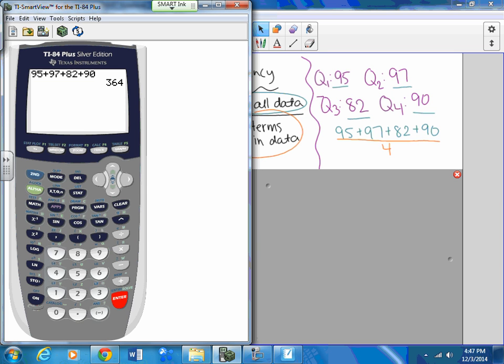So that's what my numerator was, 364, and then you divide by 4, because that's how many things you added up, and boom. So that would be your average for the class at the end of the year, 91. All right, that is your average. Bye-bye, calculator.